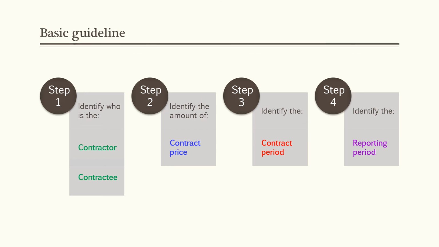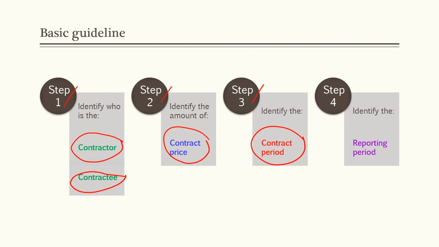Basically, before we start to answer a question on contract costing, please make sure that we are able to identify this basic information. Number 1, you must be able to identify who is the contractor and who is the contractee. Number 2, you must also be able to identify the amount of the contract price agreed by contractor and contractee. Next, you must be able to identify the contract period, when the contract will start and when the contract is to be completed.